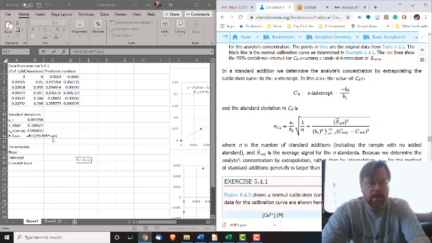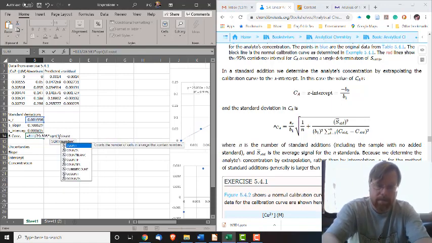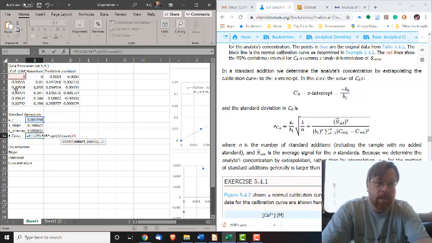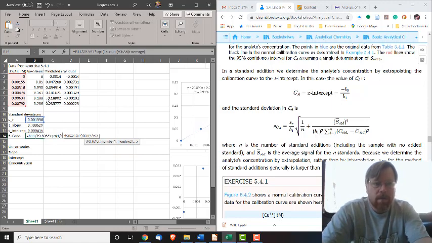Okay, square root over count plus, so I'm looking here, it's telling me what that is. It's the average signal. So absorbance is my signal.